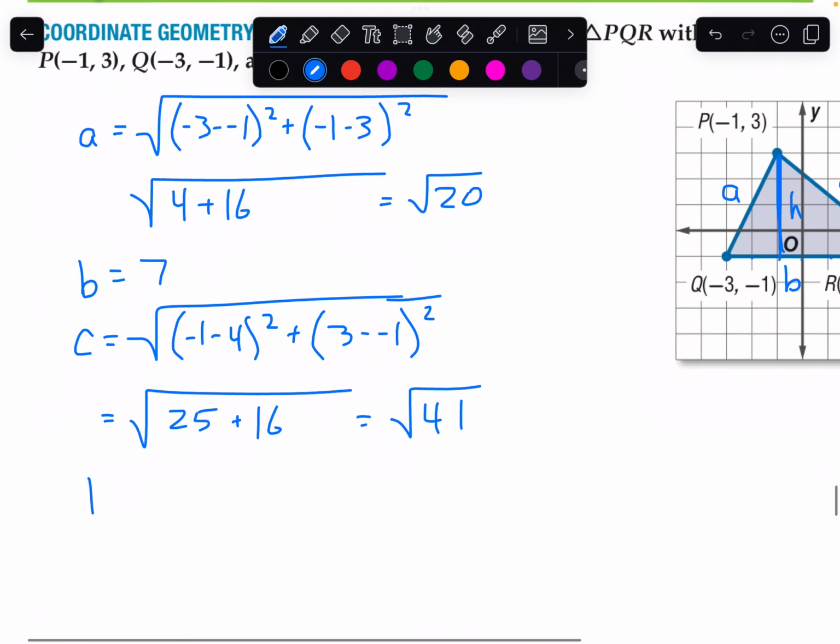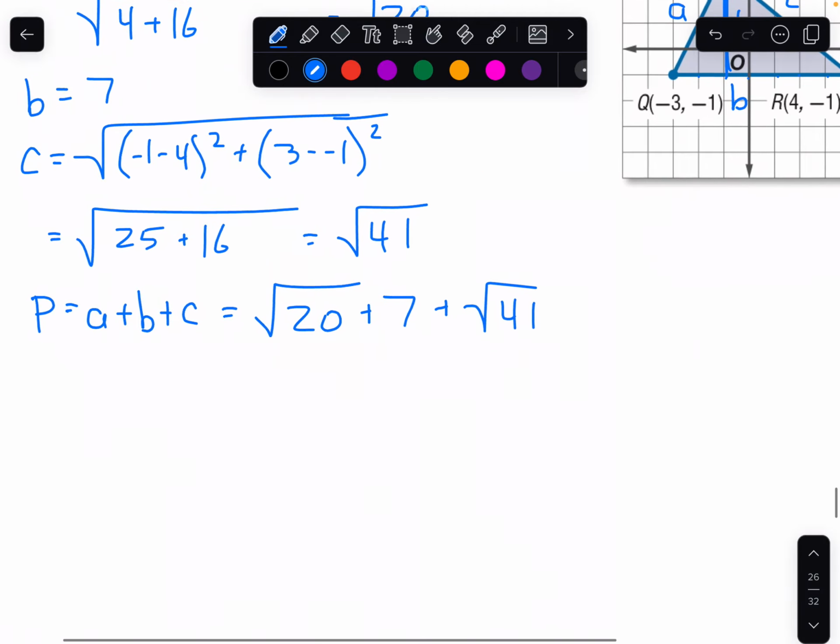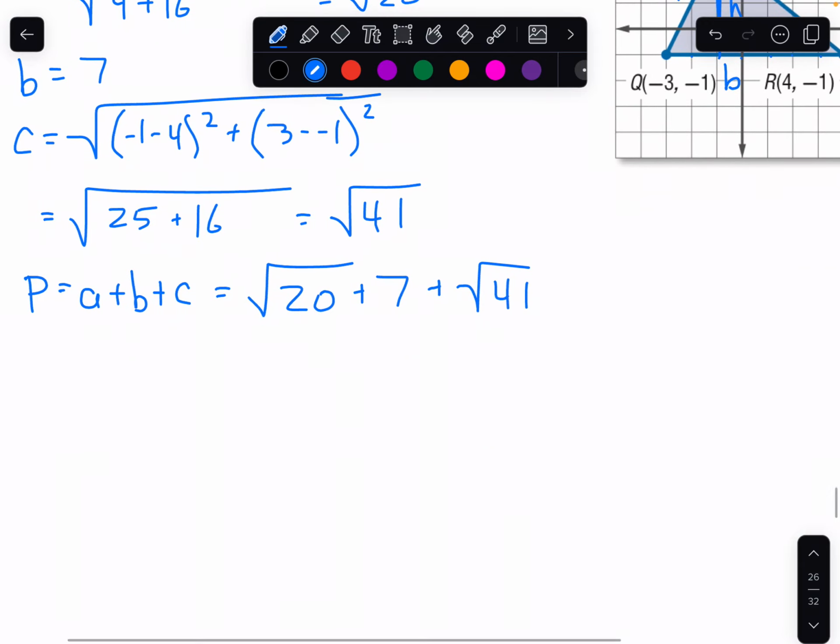So the perimeter equal to A plus B plus C is the square root of 20 plus 7 plus square root of 41. Let's go ahead and get a decimal approximation there. Square root of 20 is about 4.47.